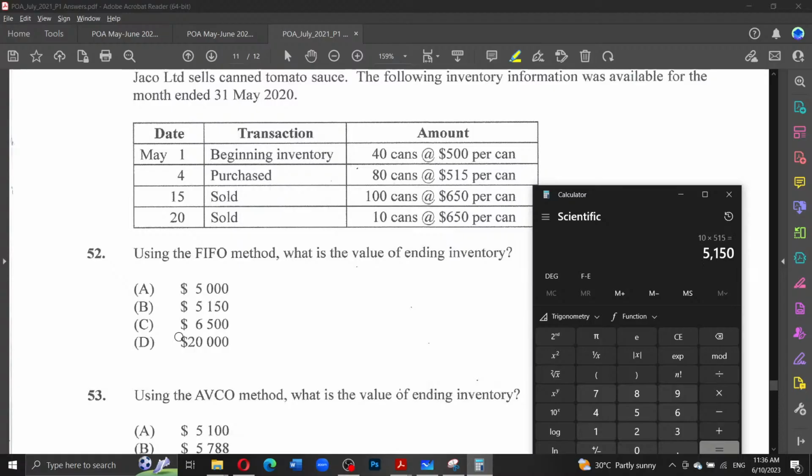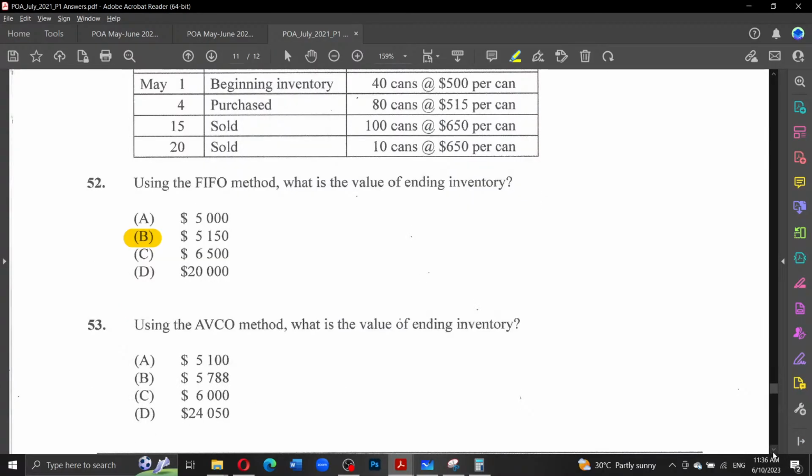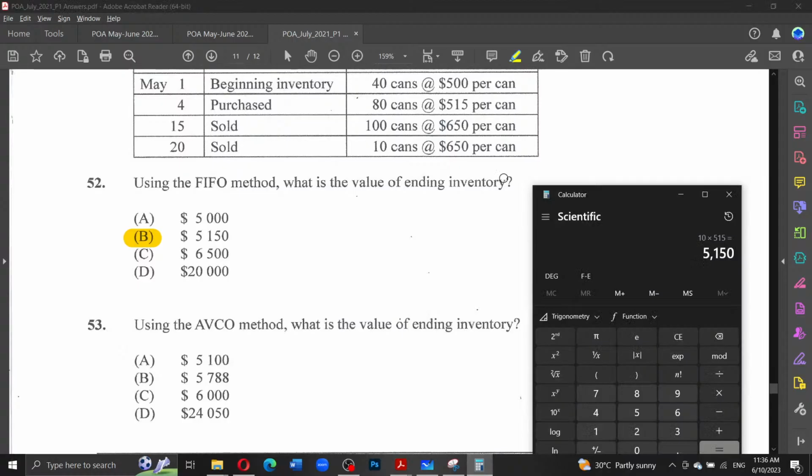So the answer for this is going to be B, and then you're asked to find AVCO. So for AVCO, you have 40 tins at 500 plus 80 cans at 515.